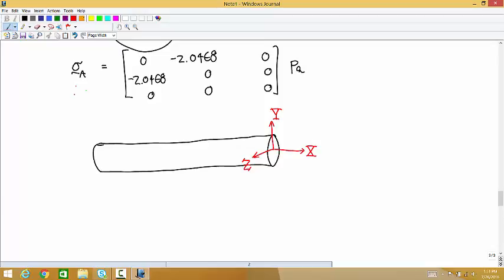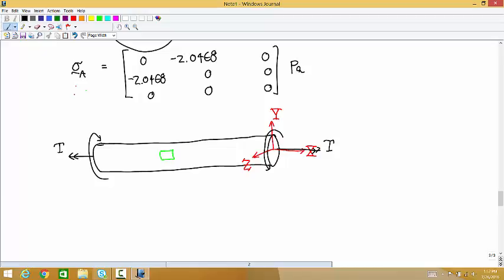Okay? And an element that originally looks like this, if you torque this shape like this and like this, what you're doing is twisting this side that way, this side that way.